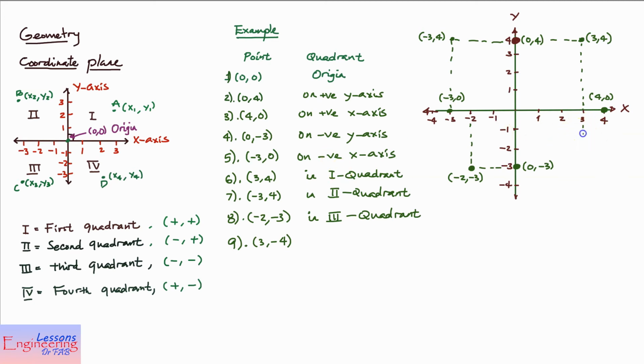For -4 you go down, and the intersection of the two is this (3, -4) point, which is in the fourth quadrant. All right.